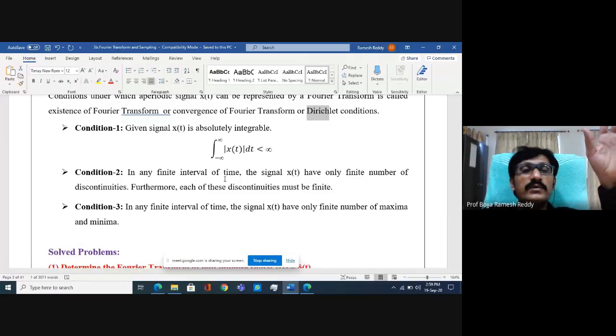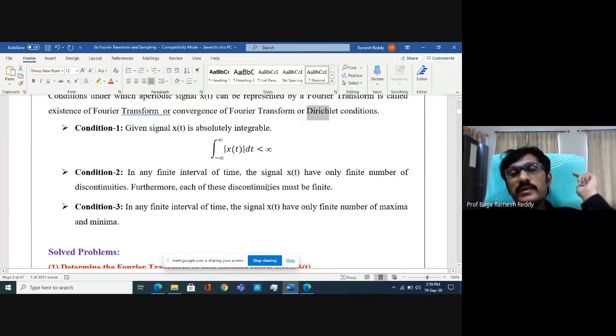It is not possible to evaluate the Fourier transform. In any finite interval of time, the signal x of t must have only a finite number of discontinuities. Furthermore, each discontinuity must be finite. Sometimes the discontinuity values may be infinite, sometimes the amplitude may be infinite. That cannot be.